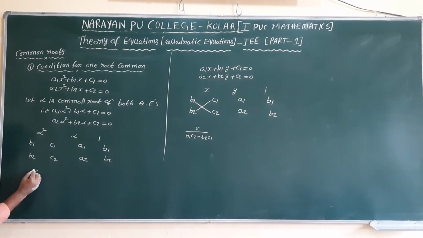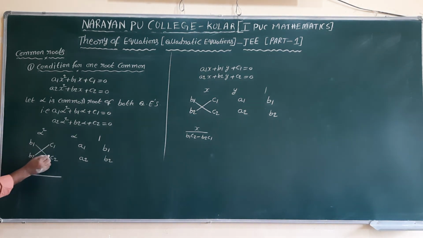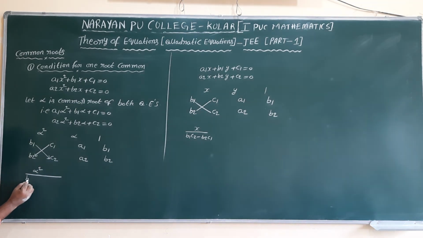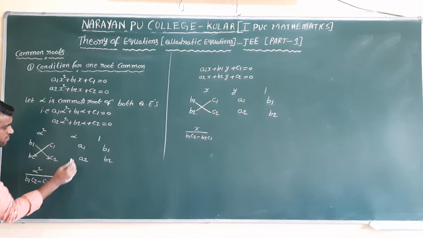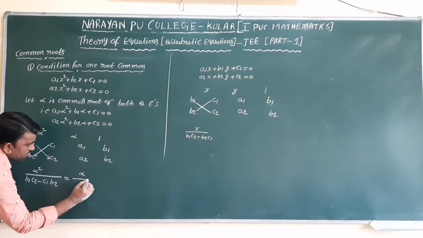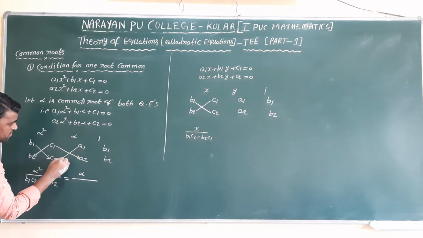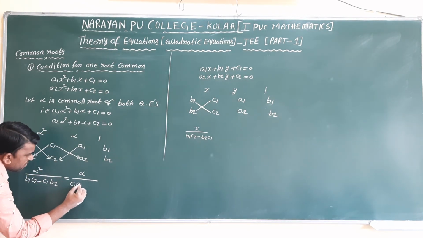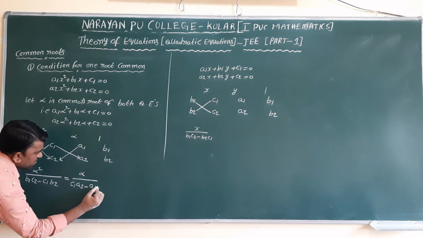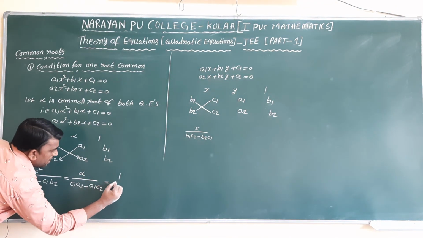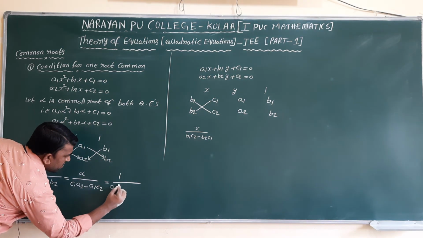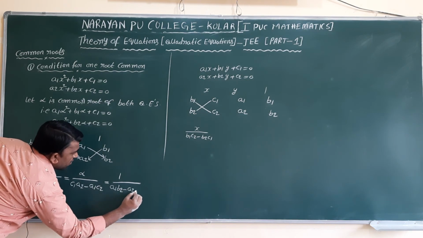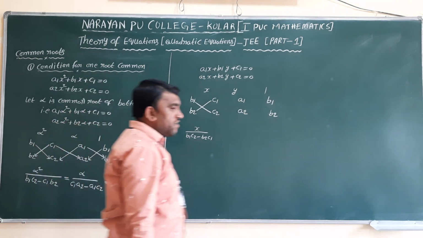Now solving this, alpha square by b1 c2 minus c1 b2 is equal to alpha divided by c1 a2 minus a1 c2 is equal to 1 divided by a1 b2 minus a2 b1. So from this we can calculate the alpha square and alpha values.